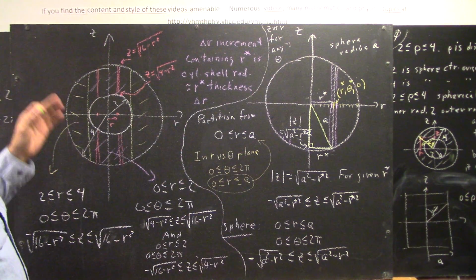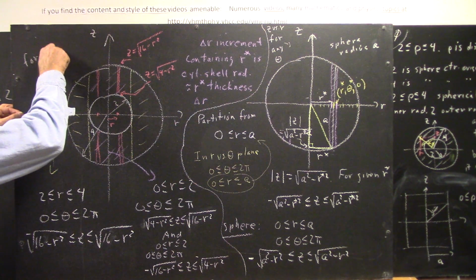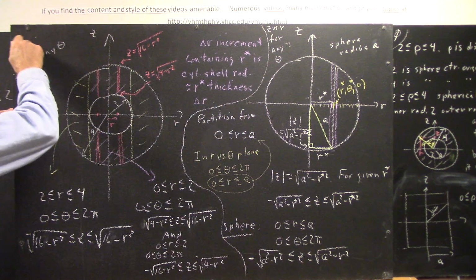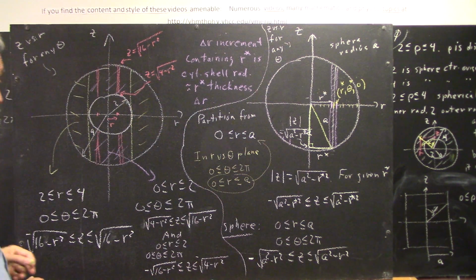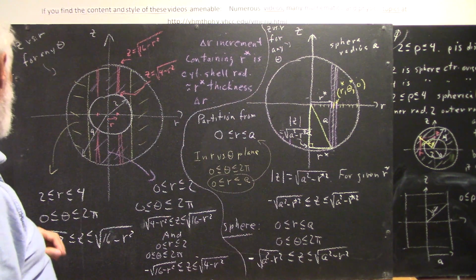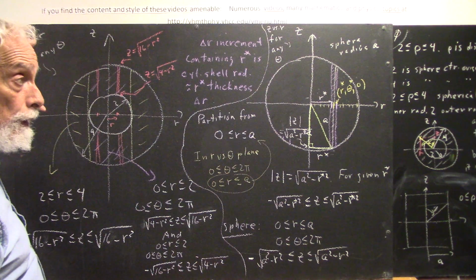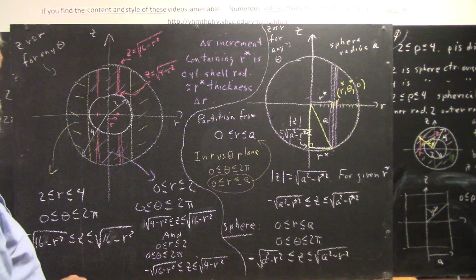This corresponds to any theta, so that's z versus r for any theta, and we have to describe this figure in terms of vertical cross sections.